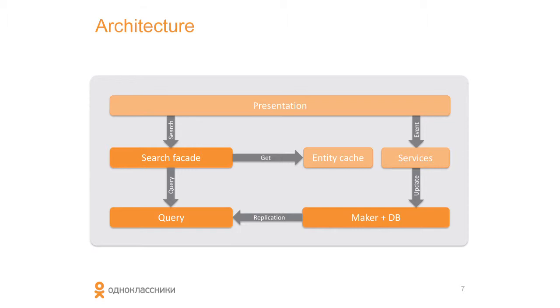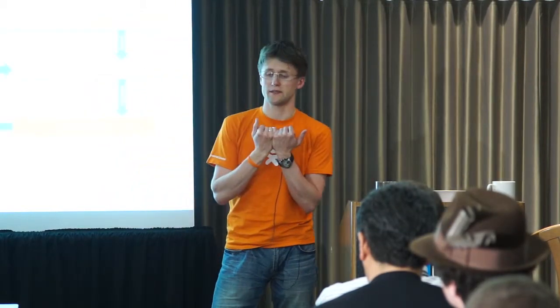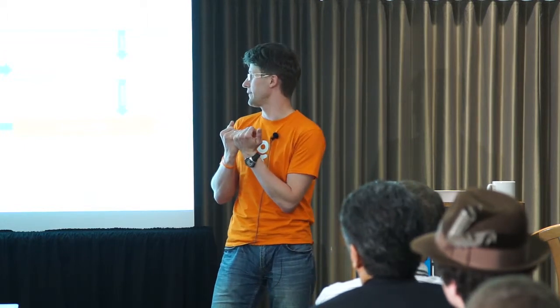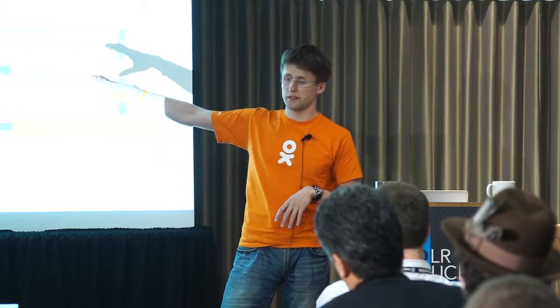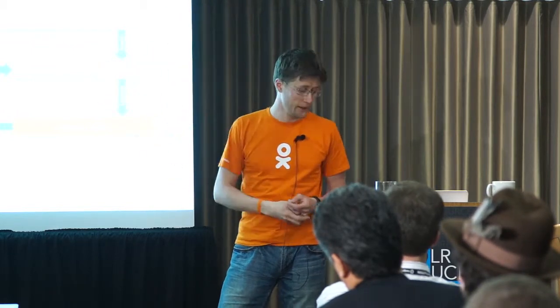It updates the respective index and replicates the indexes to the query servers, which actually process the queries. The queries are submitted from the search facade, which is responsible for taking search requests, determining which indexes should be queried, querying them, reducing results, getting entities to render, and returning them to the presentation.